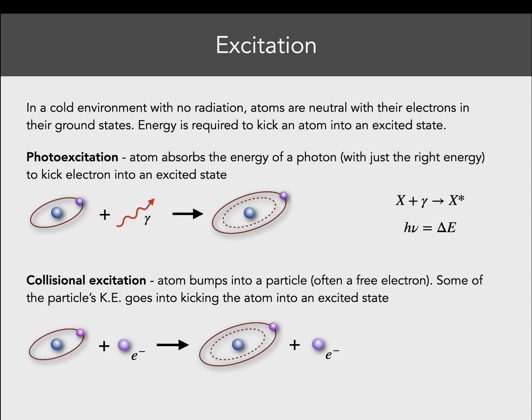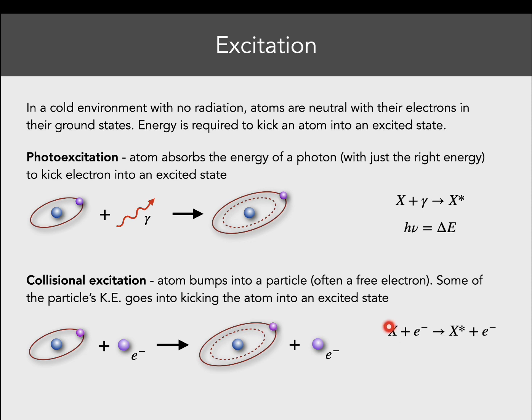So often, for example, in the atmosphere of the sun, there's a lot of free electrons flying around because it's hot. And so maybe one of those free electrons might bump into the hydrogen atom, or it might be another hydrogen atom that bumps into it that would excite it. Any particle at all would work in this process.